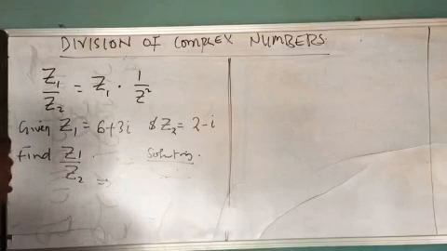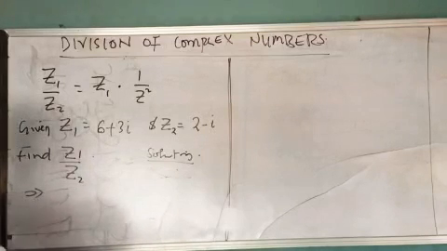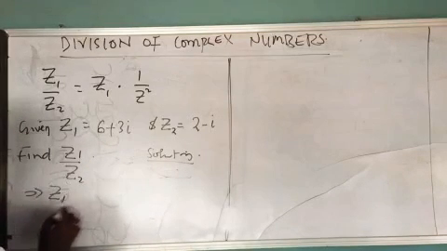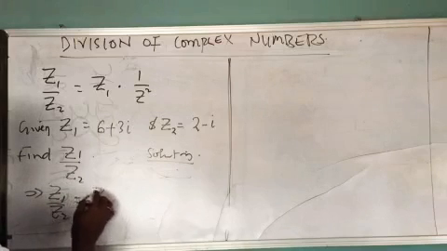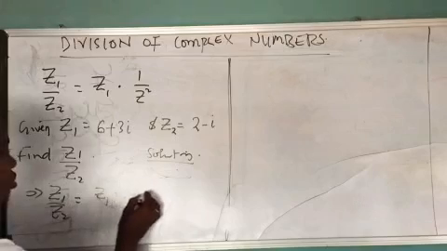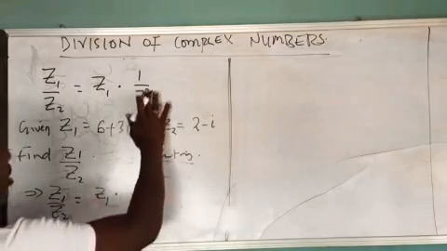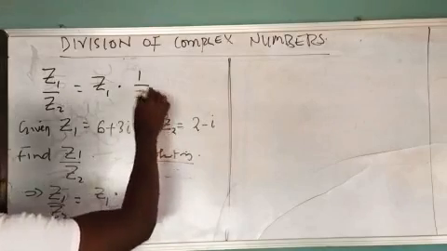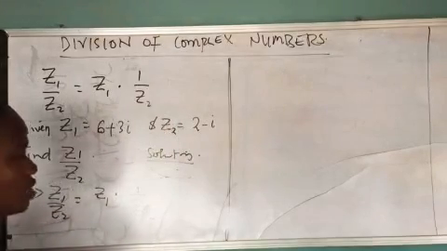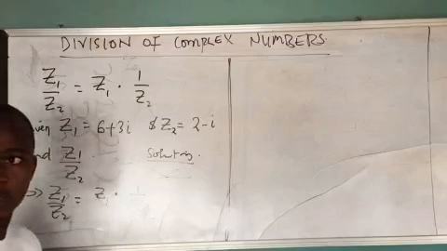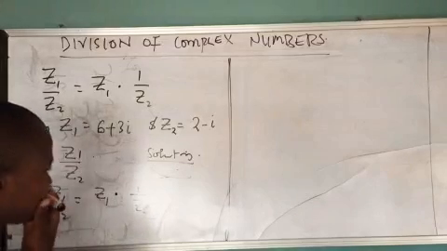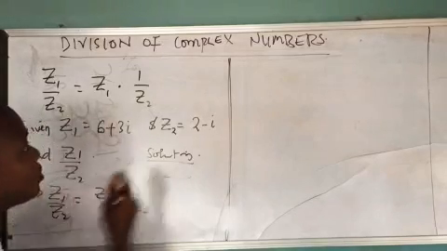Solution. Here, z1 over z2 is the same thing as z1 multiplied by 1 over z2. Oh, sorry, there's nothing like z squared, I need it to be z2, that is z sub 2.